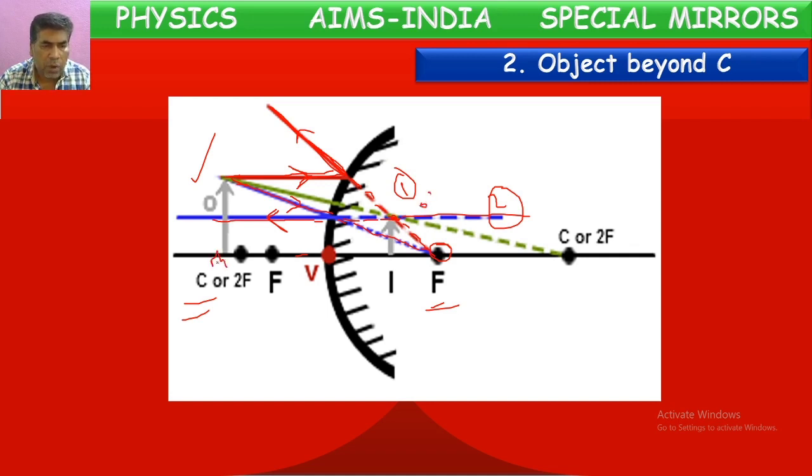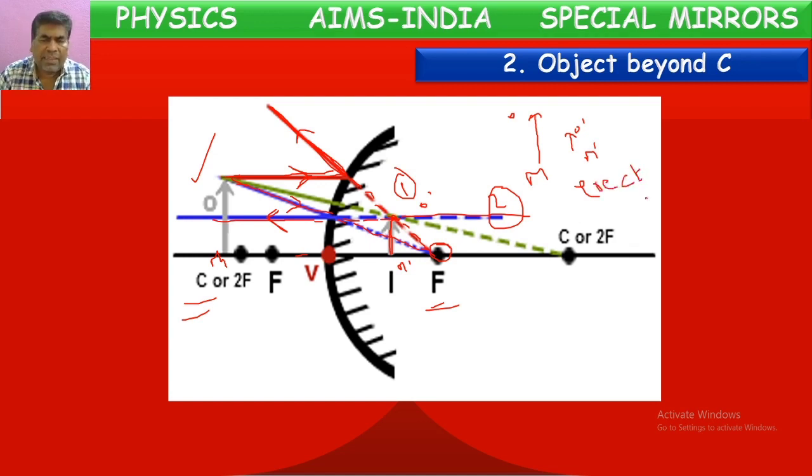Suppose it is OM. If I draw a perpendicular line down to the principal axis, this will be M dash. So O dash M dash will be the image. OM is the object, O dash M dash is the image. The image looks the same as the object, so we can call it an erect image.